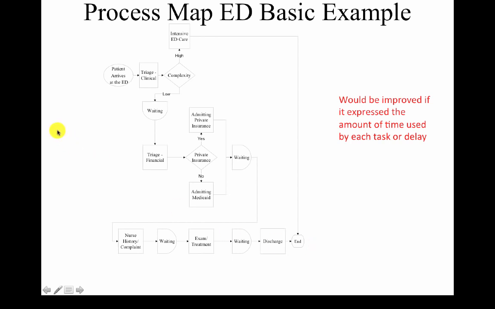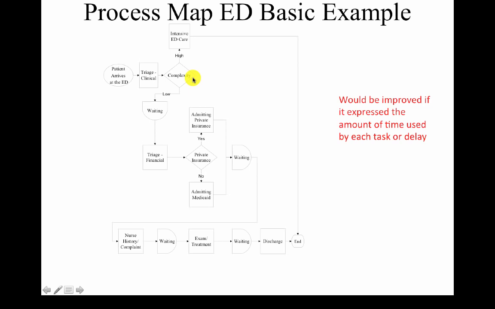So here in another process map example, we'll talk about the ED. Let's start here where the patient arrives at the ED, and then they move on to the clinical triage step. Again, we talked about process steps being a rectangle, and so there's some triage that goes on there. And then you move off to the right where you have complexity.